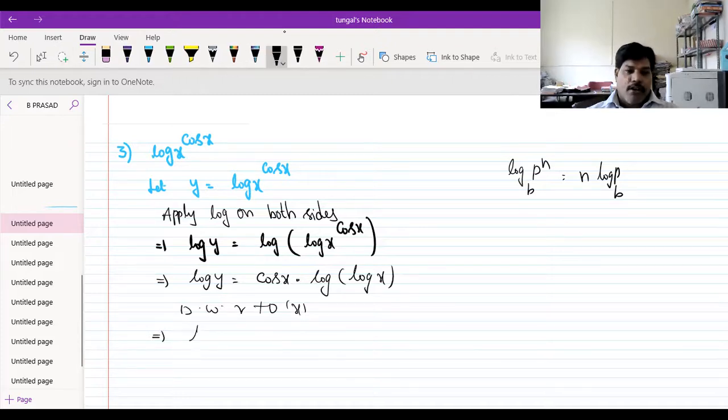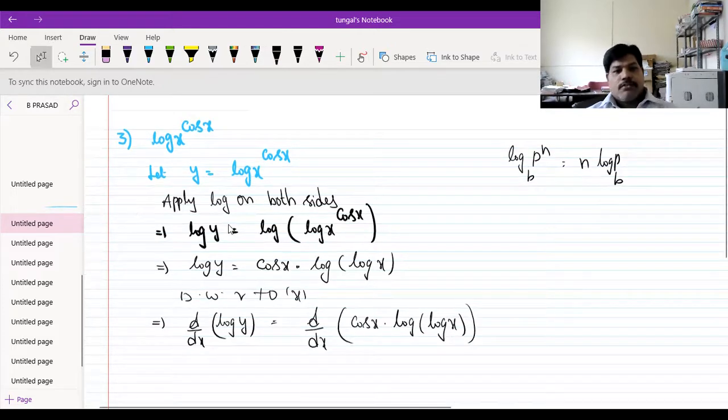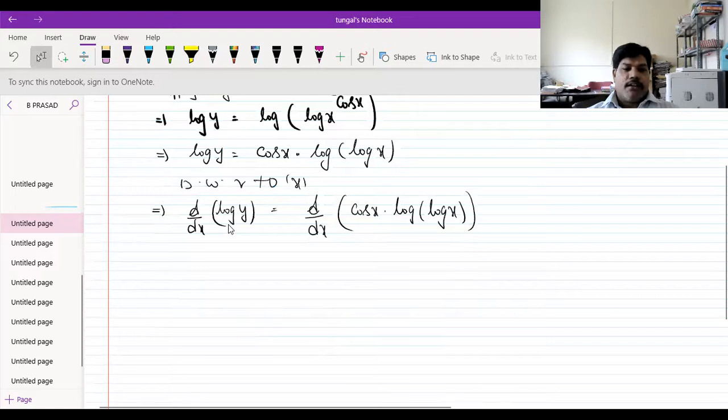d by dx of log y is equal to derivative of cos x into log of log x. So what happens? We will get the derivative of log y, already you know that.